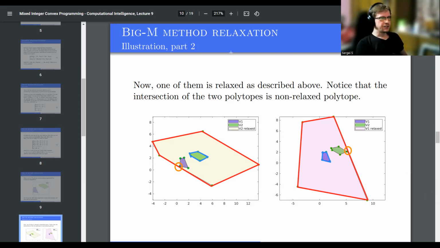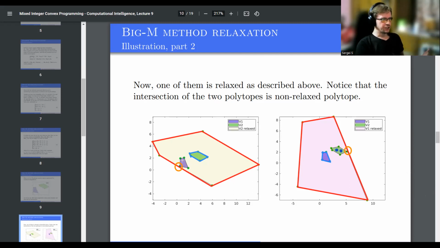Right, so now you can see any solution would have to be inside V2. Why? Because V2 is not expanded, but any solution inside V2 would also be inside the relaxed V1.